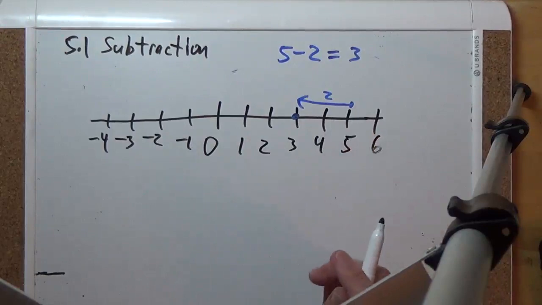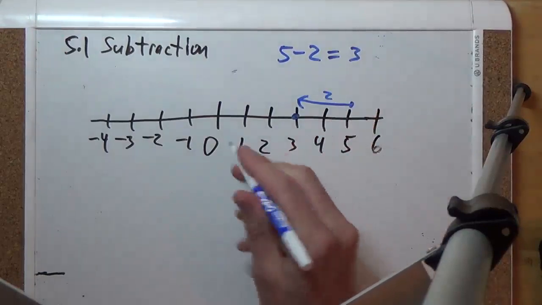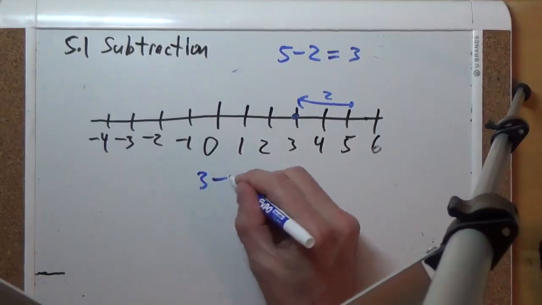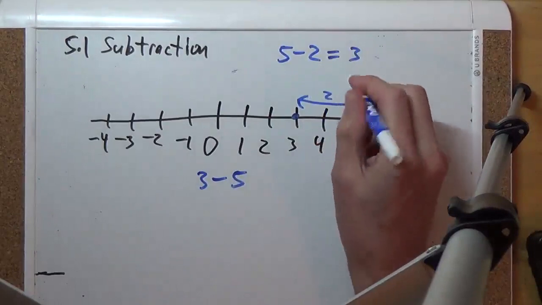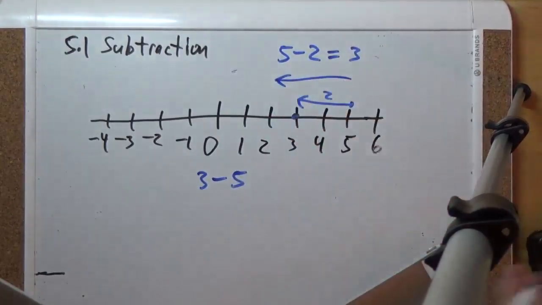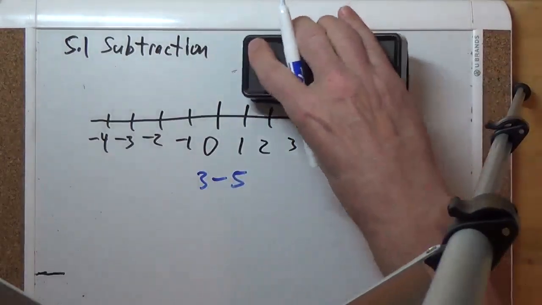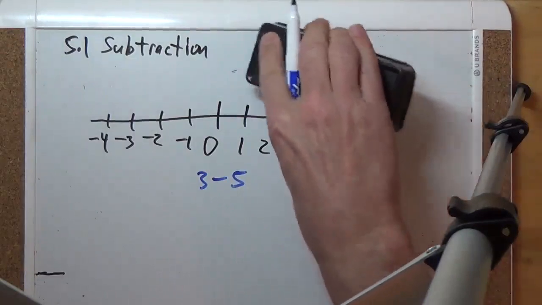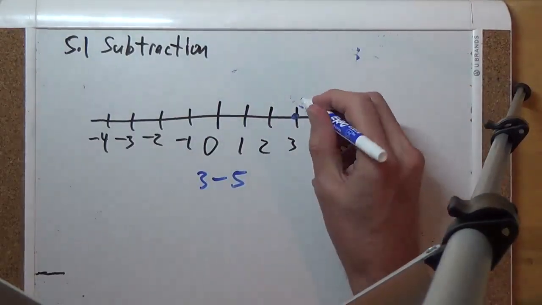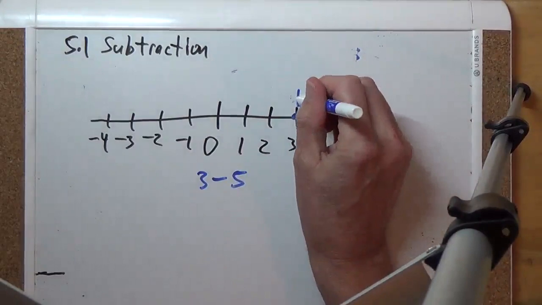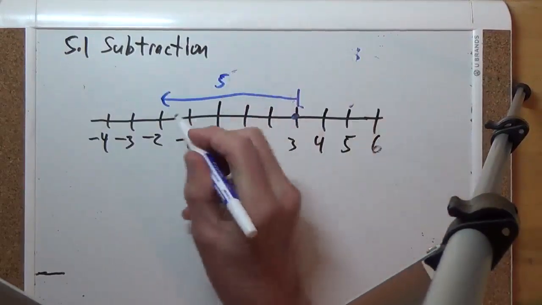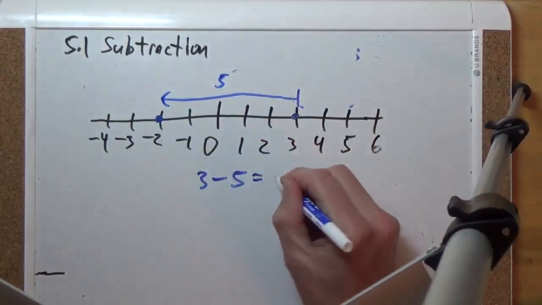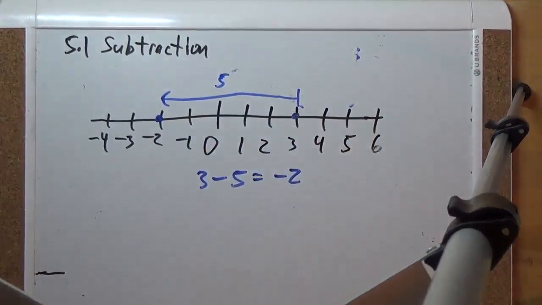You also learn things like 3 subtract 5 using the number line model, because you've just tied this takeaway to moving to the left. So now you're doing 3 take away 5, you're going 1, 2, 3, 4, 5 units to the left, and you got the -2.